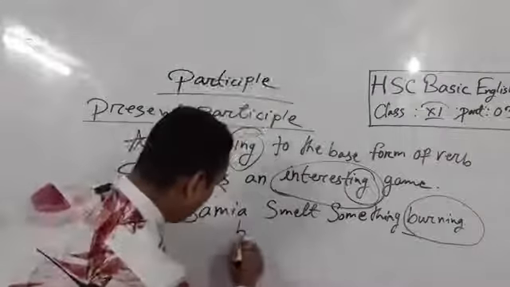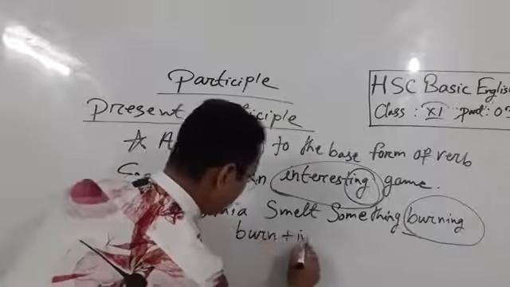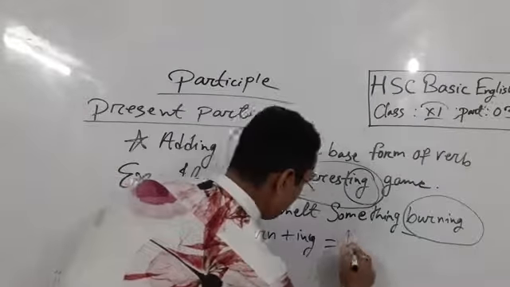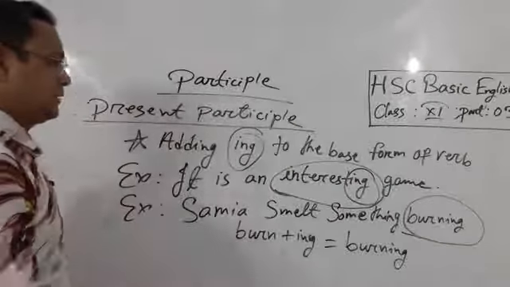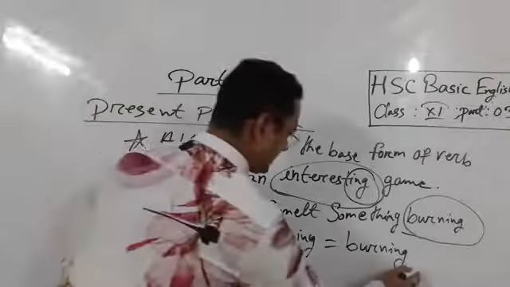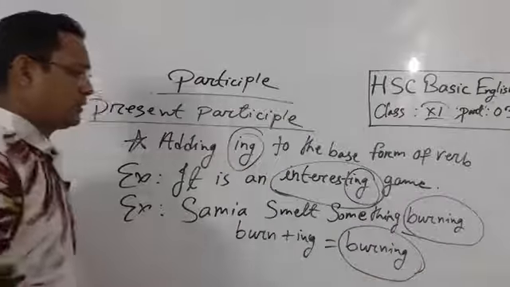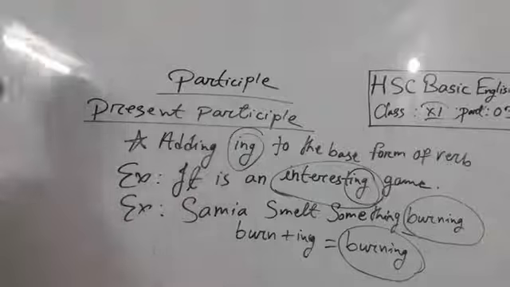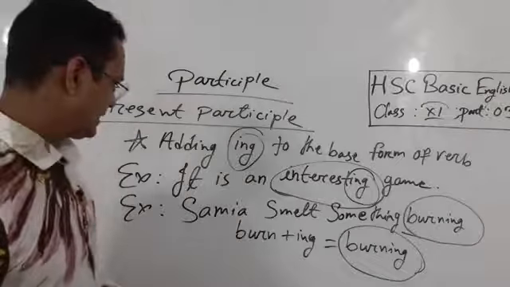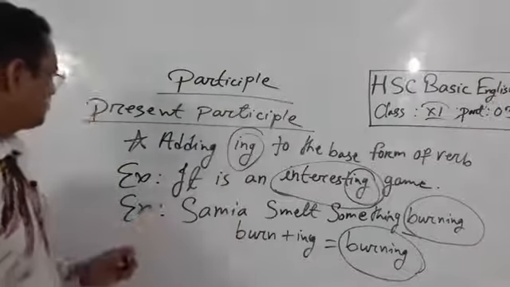The word burn plus ing equals burning. One kind of gerund also, you know, with verb and ing, so gerund. What I've said about gerund in my previous class. So it's a present participle.